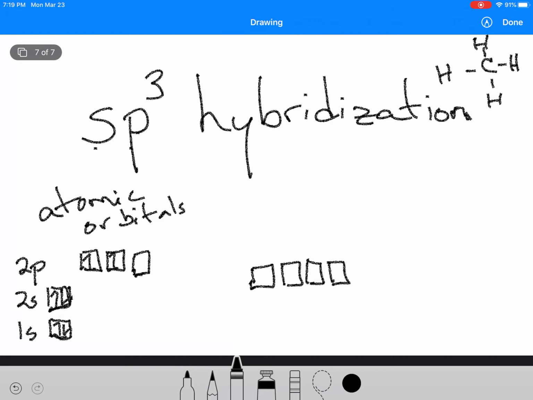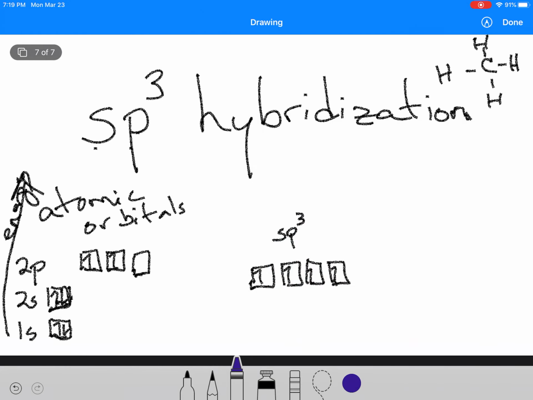This whole idea of energy, if you remember back when we were first looking at orbital diagrams, off to the side there was always an arrow pointing up that showed increasing energy as you went from low to high. These are 4 sp3 orbitals of equal energy. The 4 electrons that are in the s and the p orbitals in the carbon atom now each occupy an sp3 orbital that is used for bonding.